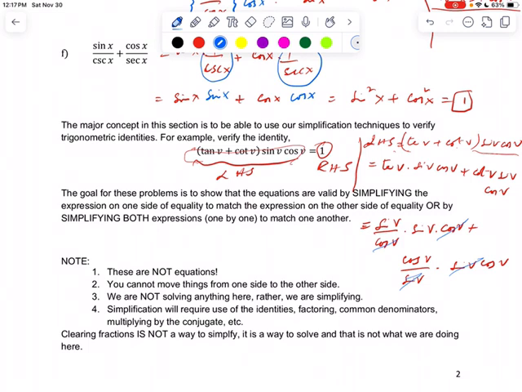So what are we left with? The first term becomes sine square V and the second term is cosine square V. And what is that? That is equal to 1. So it is equal to the right hand side.